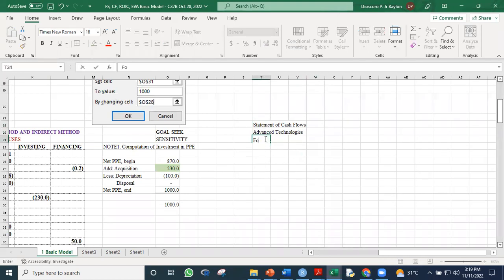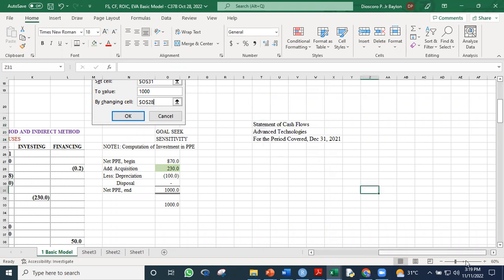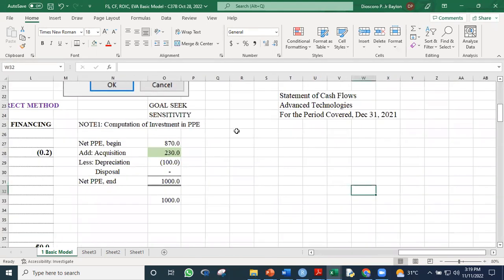Okay, and then this is for the period December 31, 2021. For the period covered, so this is for the whole year. Okay, so we start with the net income after tax.